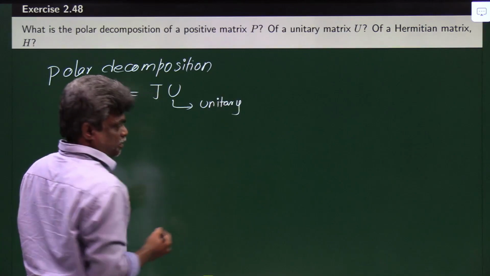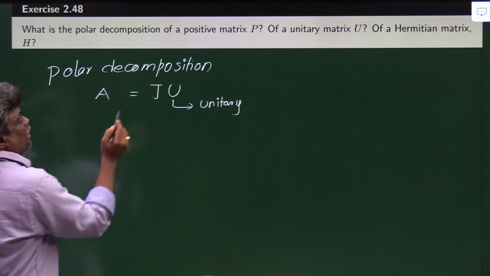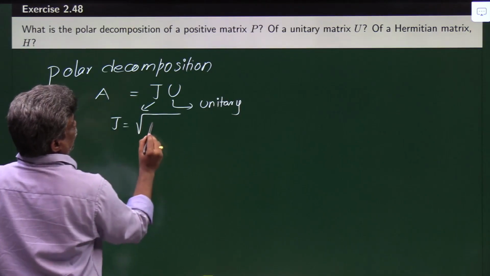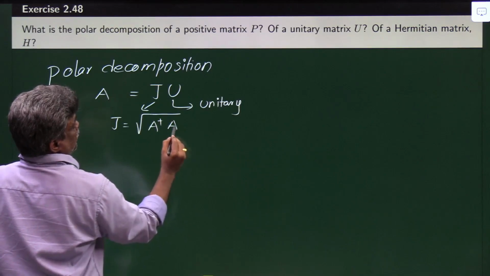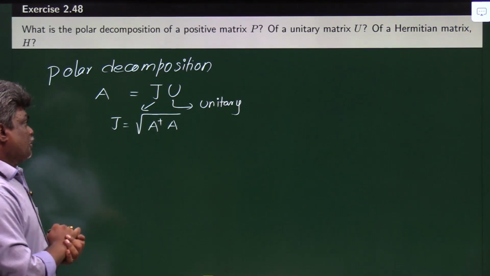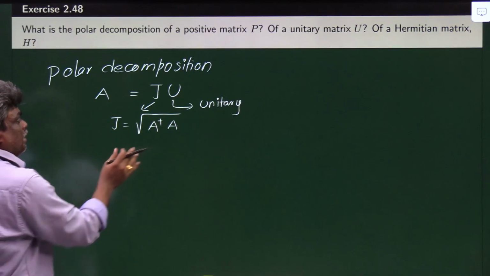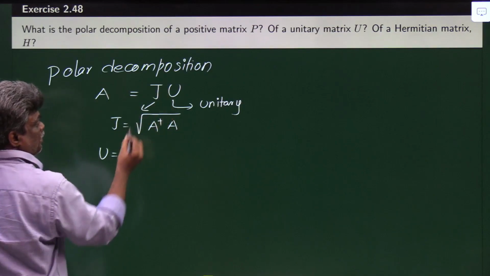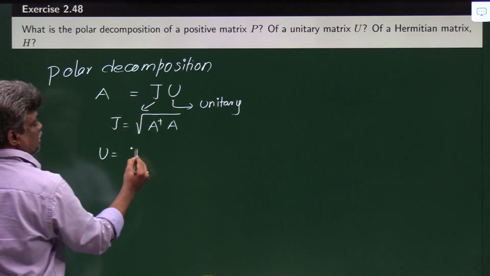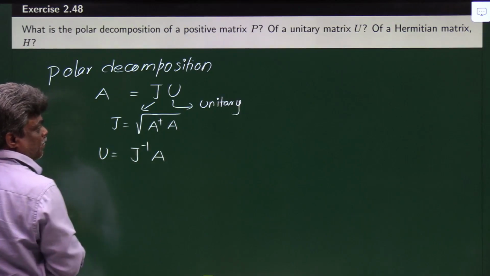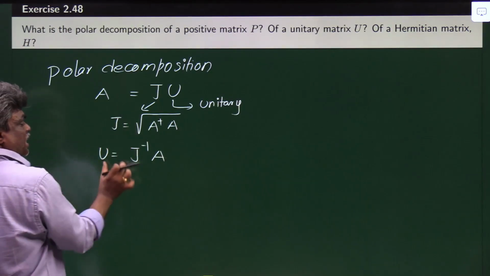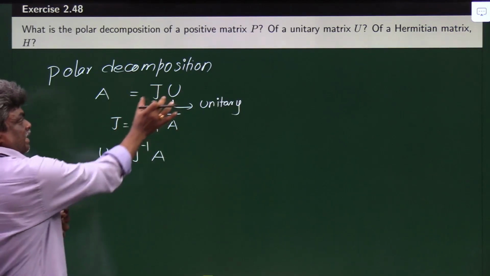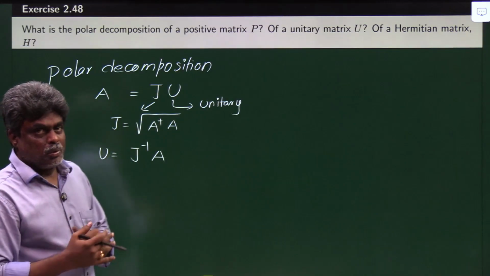We will find what that unitary matrix is. And this J is given by J equal to the square root of A dagger into A. This is the basic definition. Once you get J, you will find U equal to J inverse into A. That's it. Once you have J and U, you multiply them, either left side or right side, and then it is a polar decomposition.